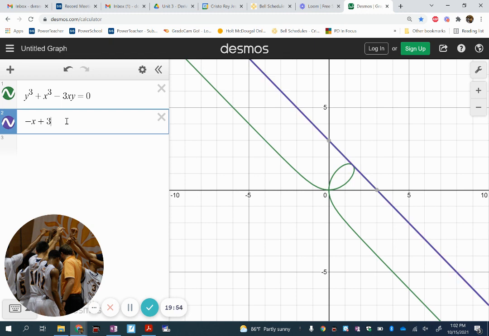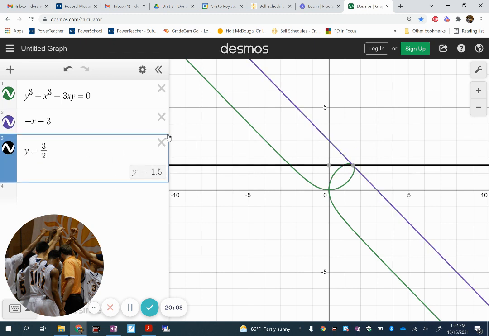So there's our purple tangent line. And then the point that it's tangent to is 3/2 and 3/2, right? Let me see if I can plot that. Y equals 3/2. There we go. So you can see right there is where they meet, the purple and the green.